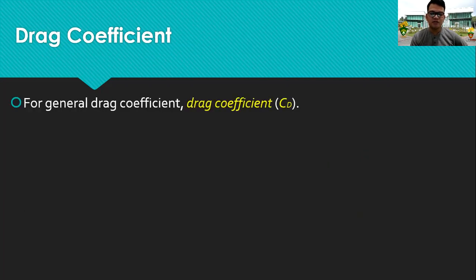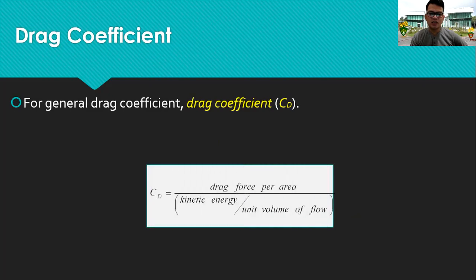For the general drag coefficient, CD, we can also get it using this equation: the drag force per area divided by the kinetic energy per unit volume of flow, where again we have kinetic energy of 1/2 mass times the V square. So 1.25 kilogram per cubic meter is what we will consider as the constant air density.